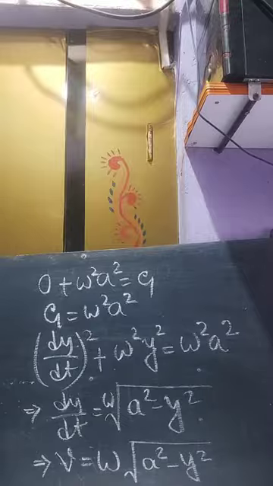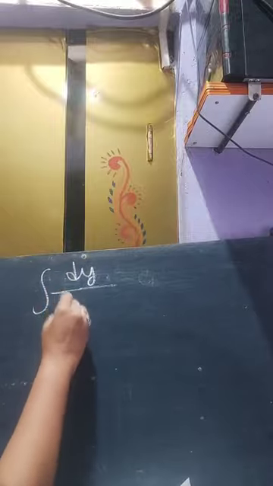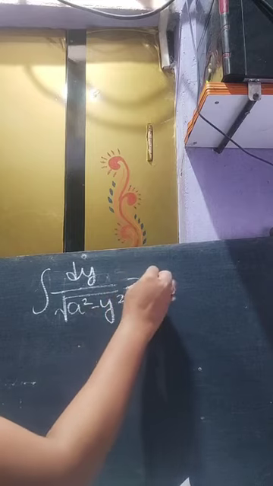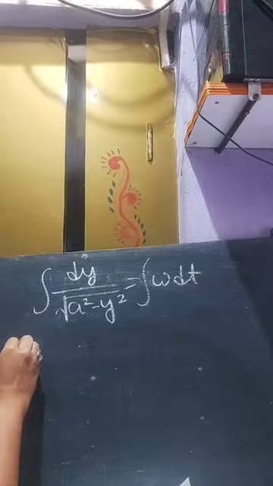So again, from this point, if we do that integration again, dy over root of a square minus y square equals omega dt.